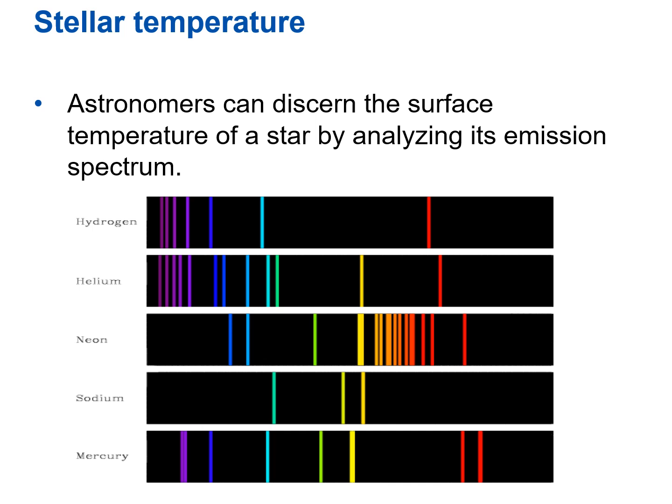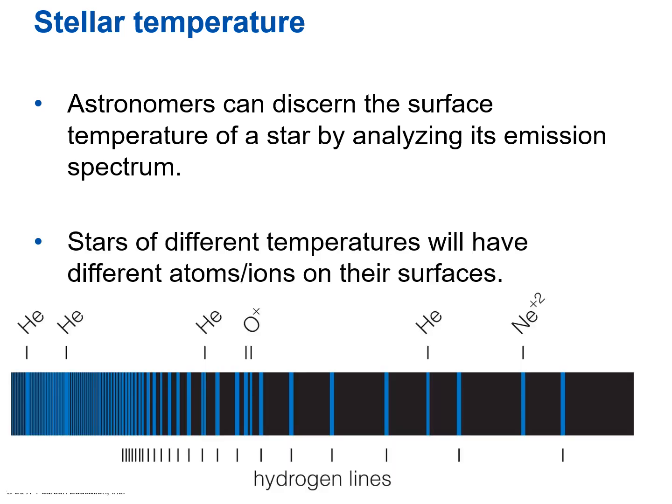So, as you learned in chapter 5, the emission spectrum tells us what elements are there, not just what elements, but if they are ionized atoms, whether they are singly ionized or doubly ionized, whether they are molecules. The emission spectrum tells us that. Stars of different temperatures will have different atoms or ions on their surfaces.